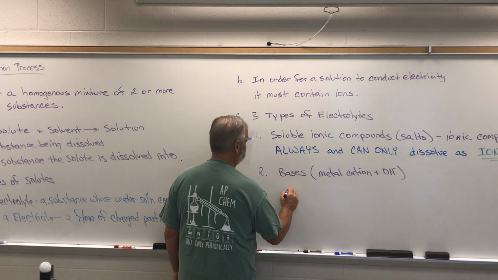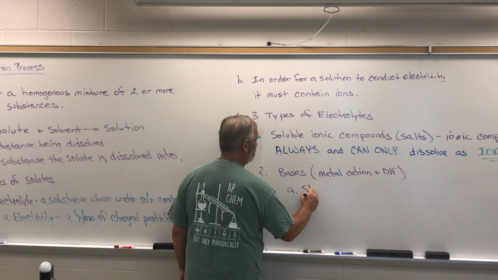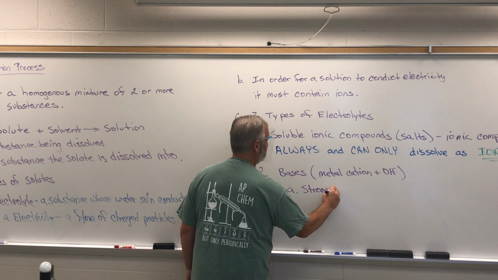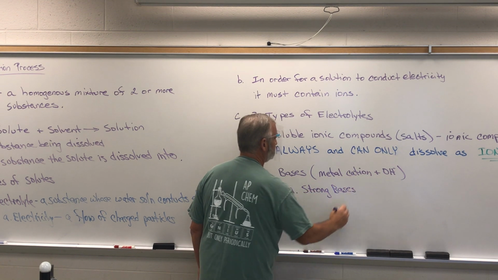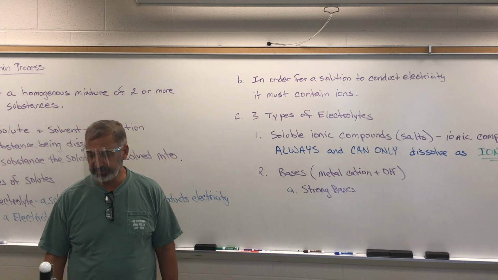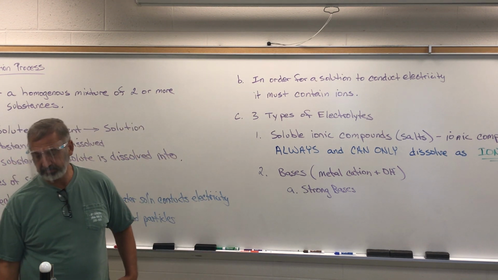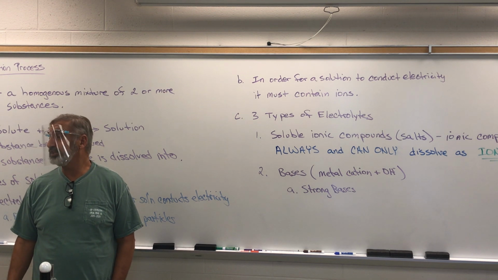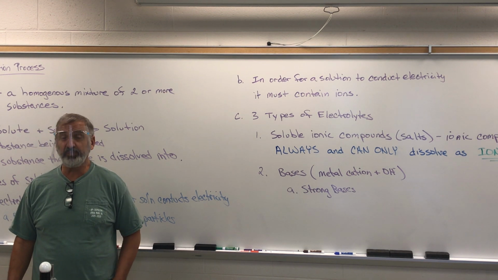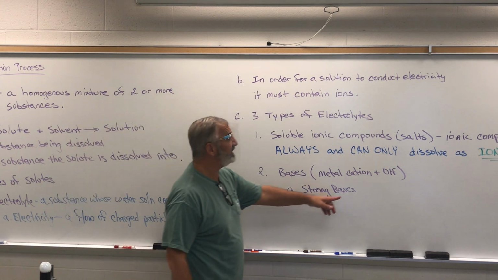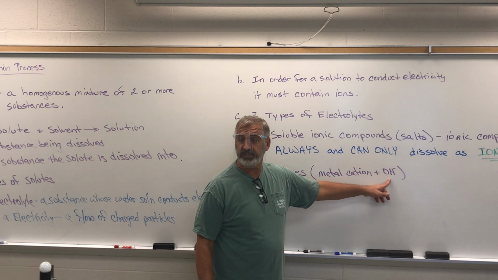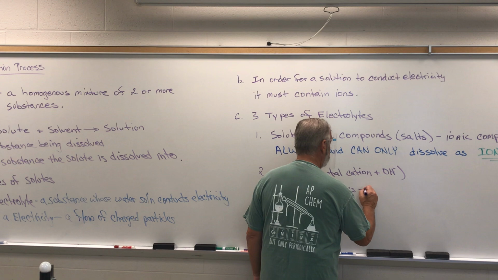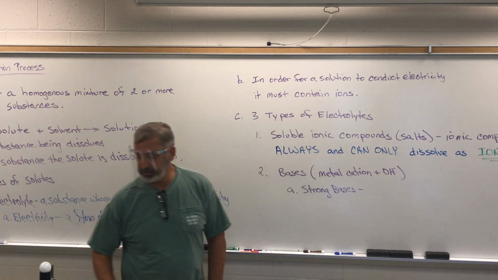Now, we have strong bases and weak bases. What do you think is the difference? pH level, but the amount of OH minus is what's going to determine the pH.